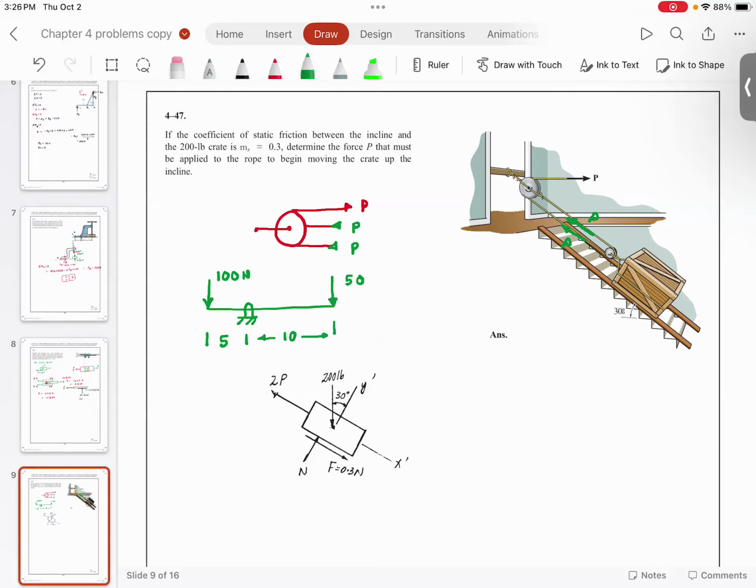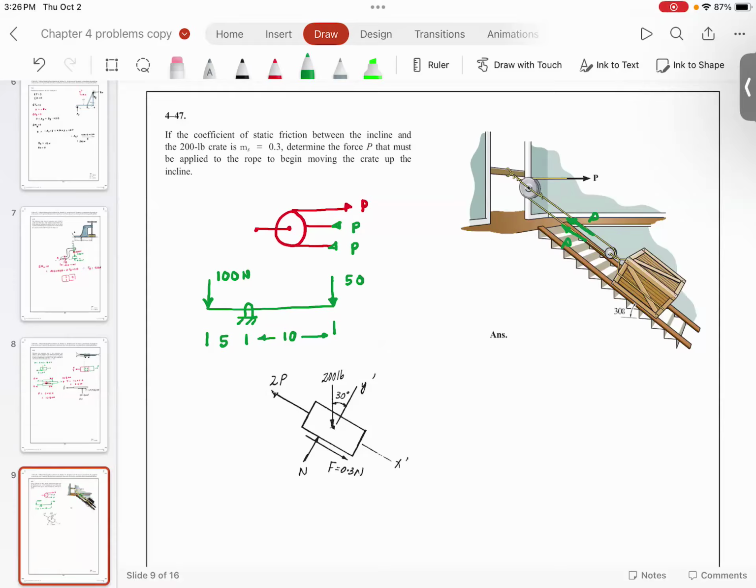What it means is 50 newtons of load is able to support 100 newtons of load at a larger lever arm. In other words, the work done by 50 newtons is equal to the work done by 100 newtons. The only difference is that with 50 newtons, your displacement will be twice that of the 100 newtons displacement.